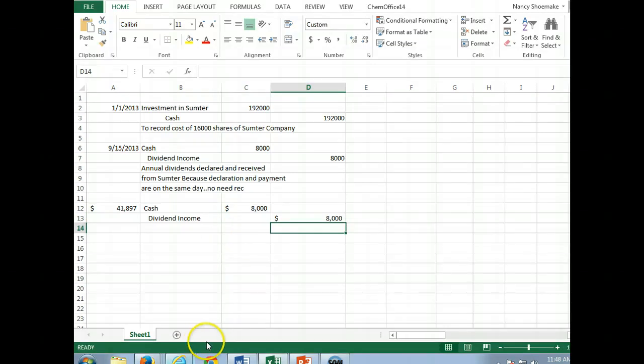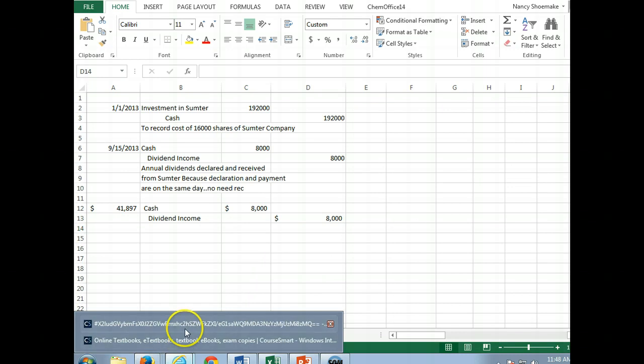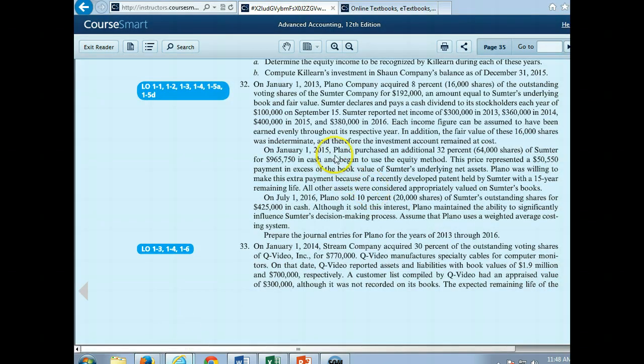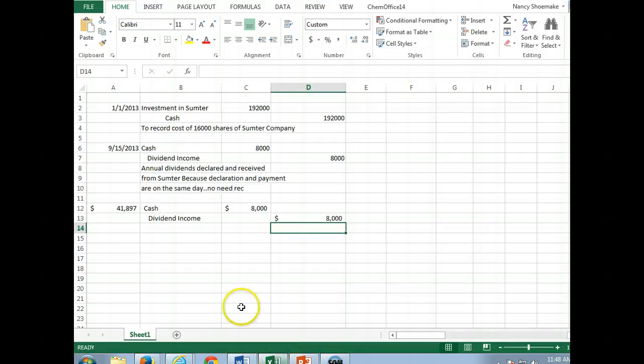Now, 2015 hits us like a ton of bricks. Plano purchased an additional 32% or 64,000 shares of Sumter for $965,750 cash and began using the equity method. The first thing we need to do is to record that purchase. 01/01.